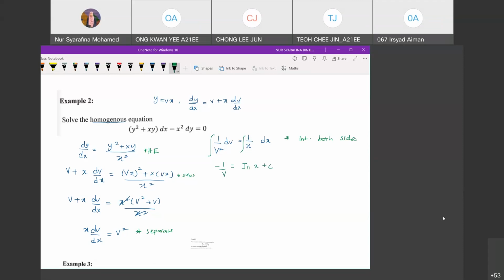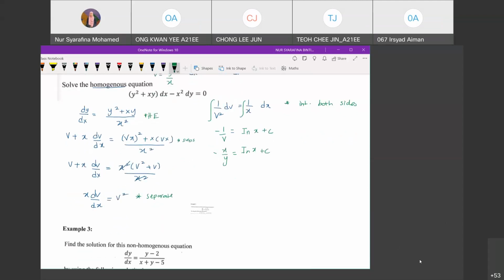All right. And again, the original problem is in terms of x and y, so just substitute back. So if y equals vx, then v equals y over x. So just substitute. Here you should have minus x over y equals ln x plus c. All right.